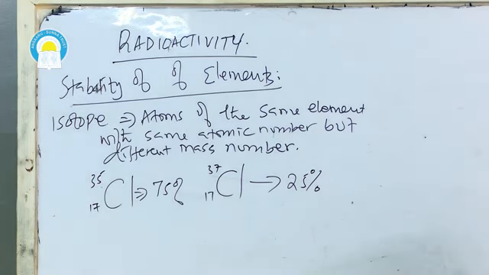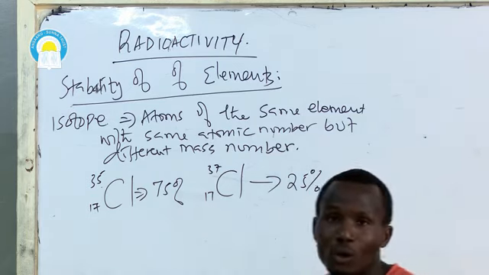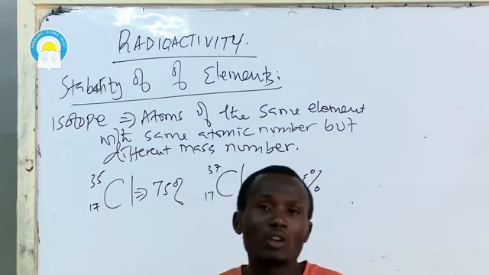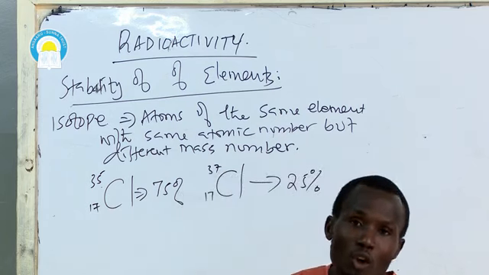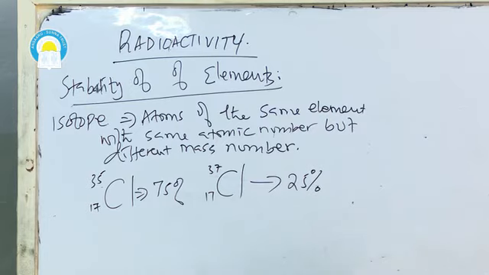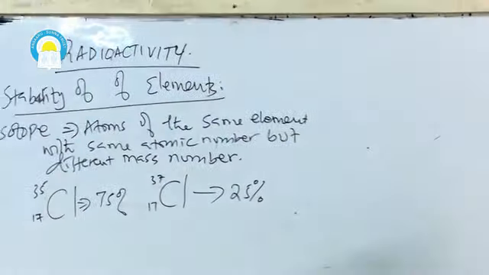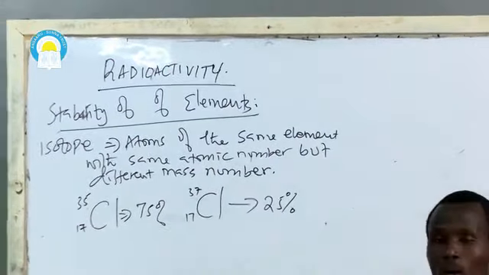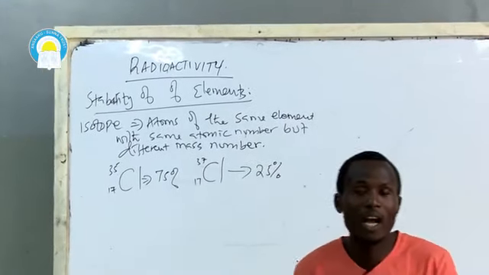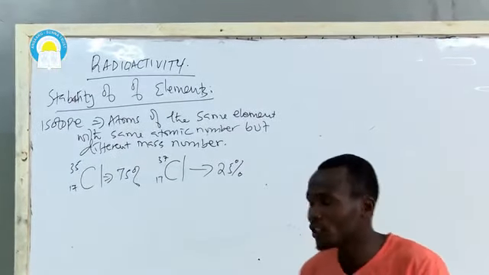And now to determine the stability, there is a range. Most of the elements, you will find that the ratio of neutrons to protons is 1:1. So we say those elements are stable and they cannot undergo radioactivity.